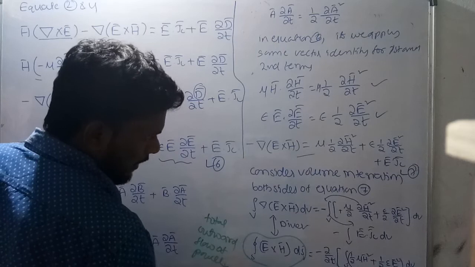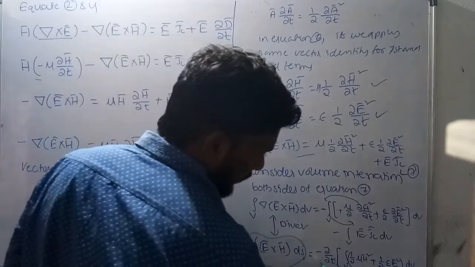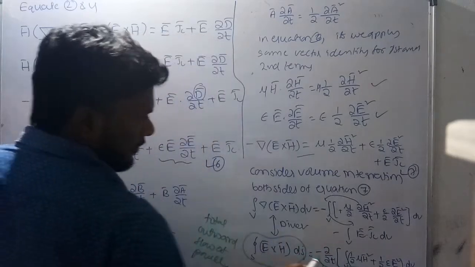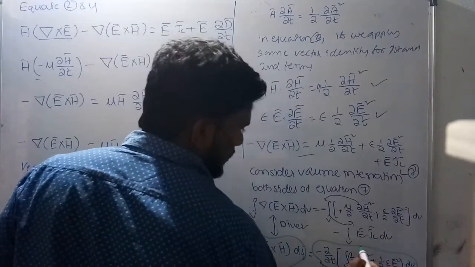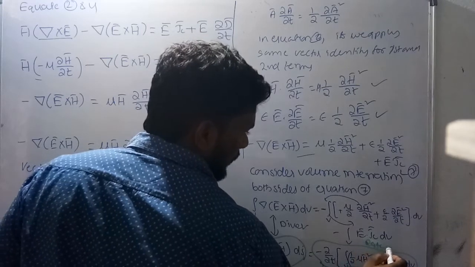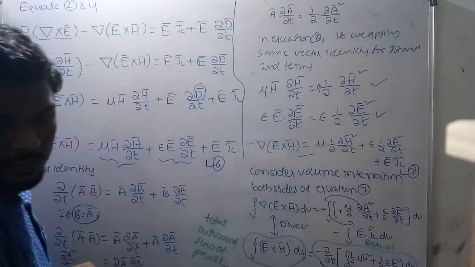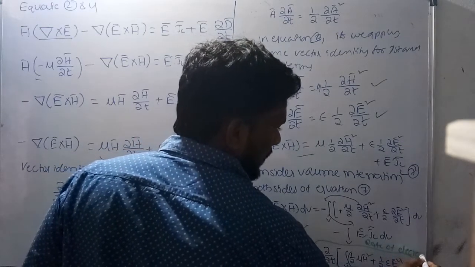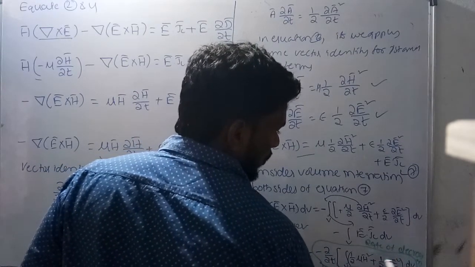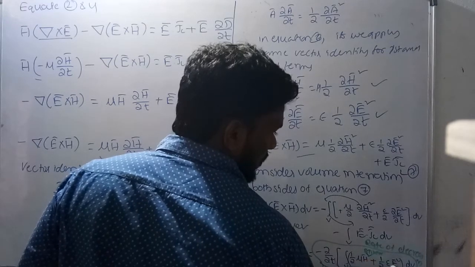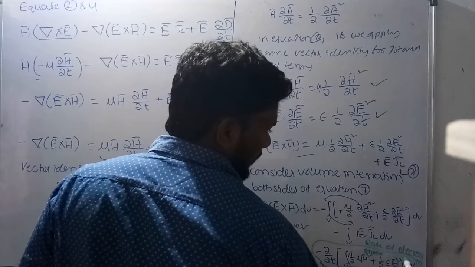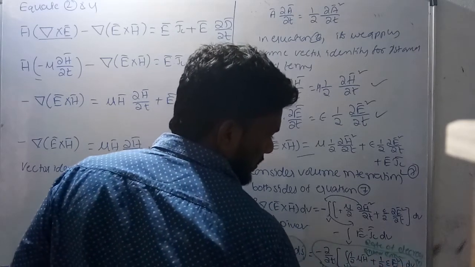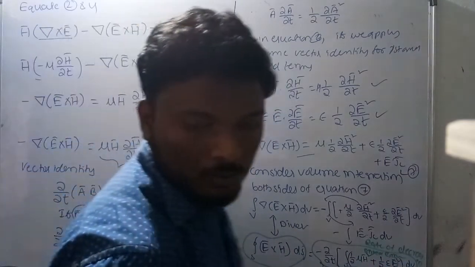This term is the rate of decrease in stored electric and magnetic energy, since there is an electric field and a magnetic field. And this is called the ohmic power loss.